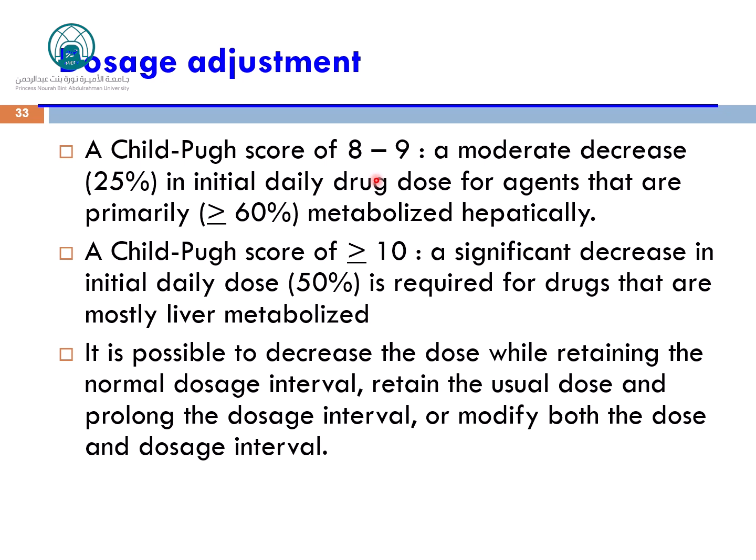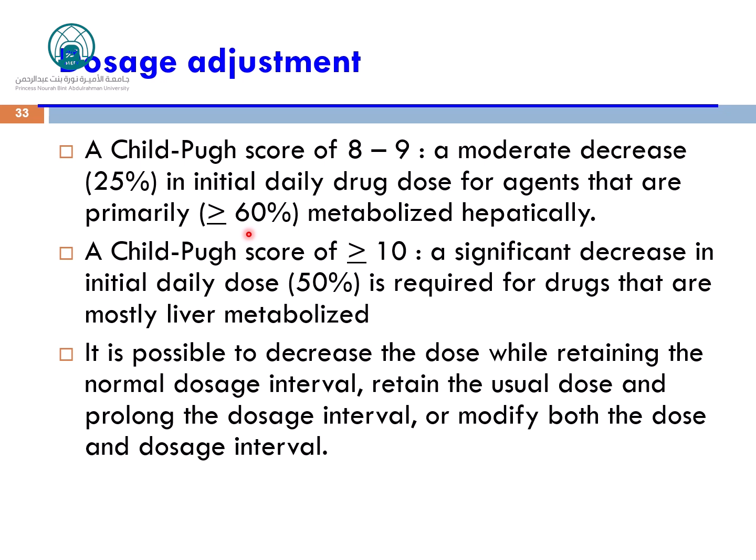Now, a Child-Pugh score between 8 to 9 will result in a moderate decrease, about 25%, in the initial daily dose for agents that are primarily, more than 60%, metabolized hepatically. So two conditions.